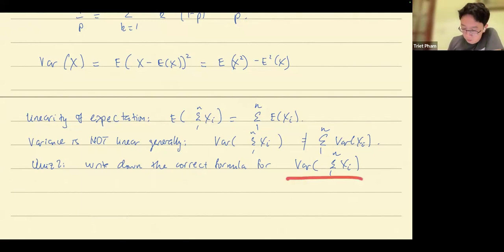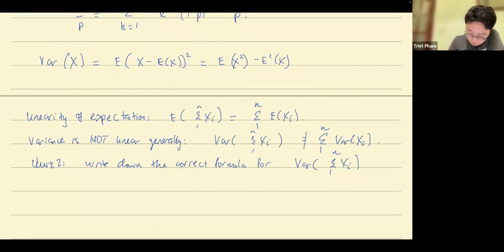All right, so what's the formula here for the variance of the sum?